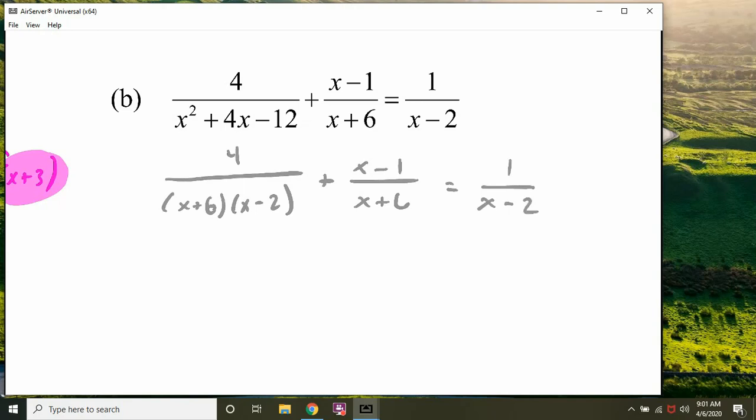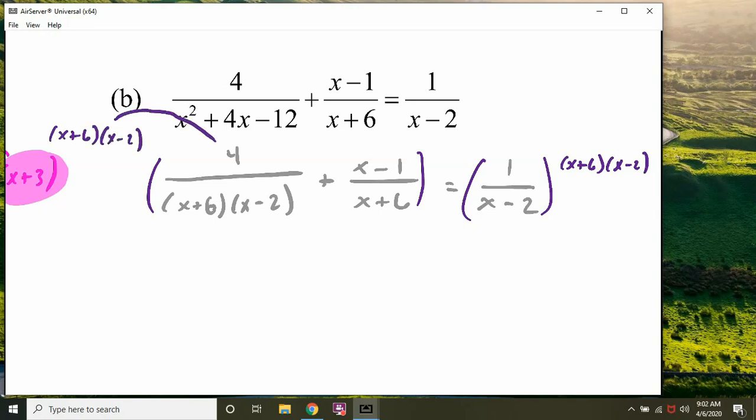Okay, so this time we're going to multiply through by the product x plus 6 and x minus 2. When I distribute to the 4, both the x plus 6 and x minus 2's cancel. We're just left with that 4 in the numerator.